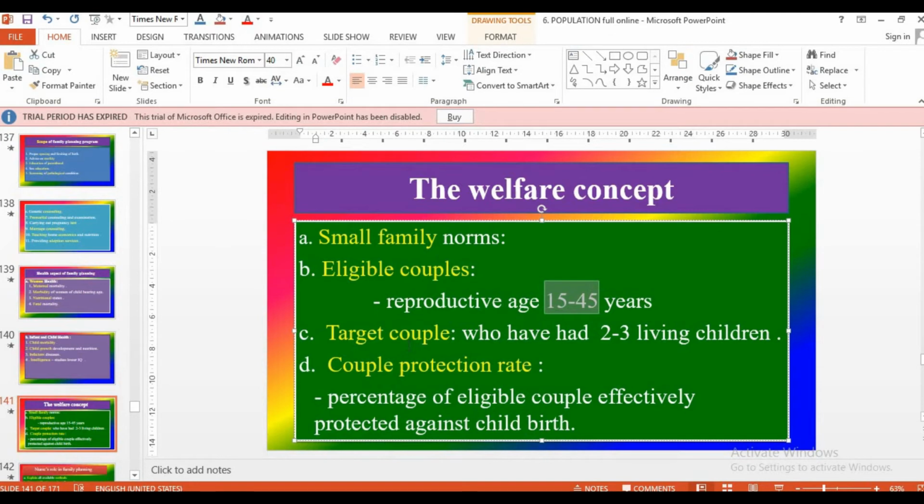C, target couple: 2 to 3 living children. The couple protection rate is the percentage of eligible couples effectively protected against childbirth.